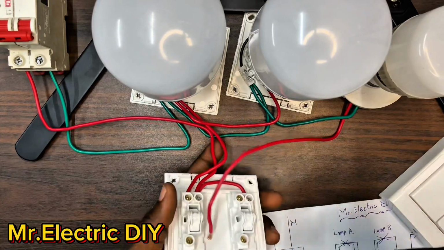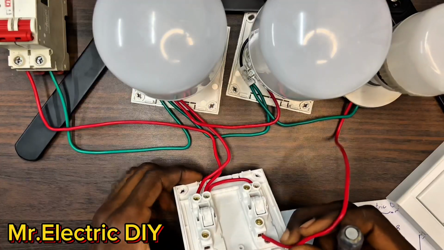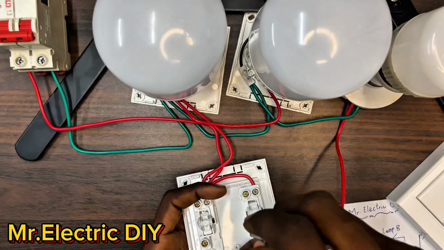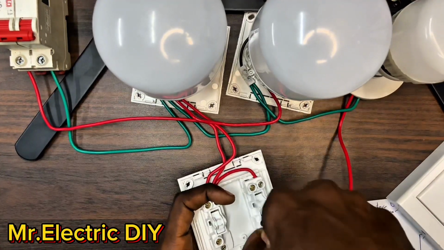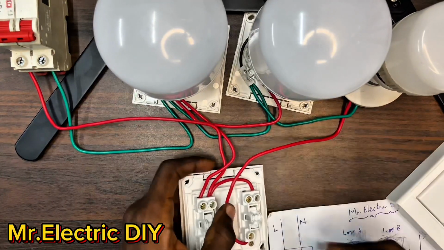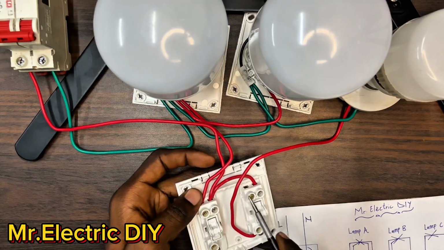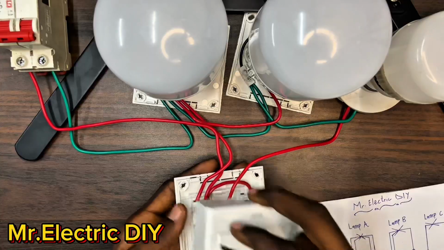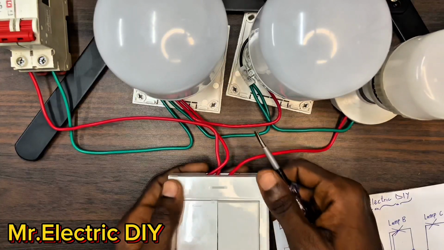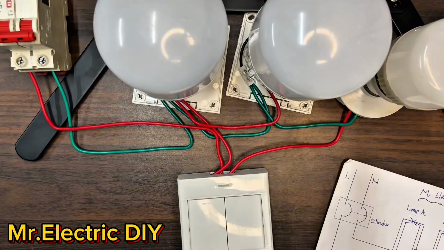This side is L2. You have successfully removed the cable from L1, that is this side, to L2. I will cover it and then you will operate the circuit to see how it is going to work.